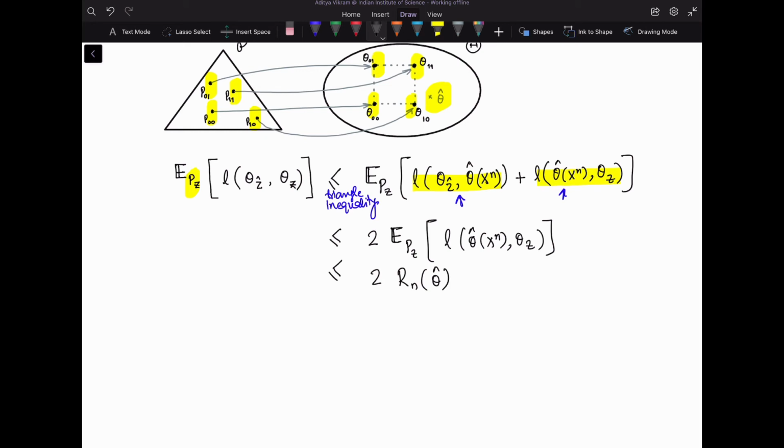Okay, so we want to relate R_n(theta hat) with the probability of error for some hypothesis testing. So let's rewrite this. R_n(theta hat) is greater than or equal to, this is just rewriting what we have already derived.